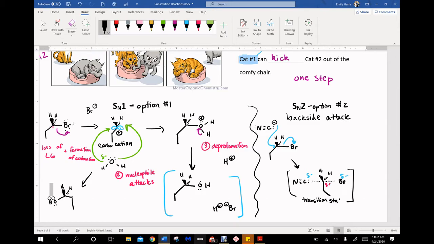And then finally, what results at the end is you have your product, where you have the carbon and nitrogen now attached in the place of where the bromine used to be. And what happens is it always creates kind of an inversion of the stereochemistry or arrangement.